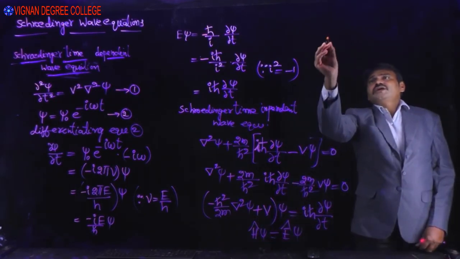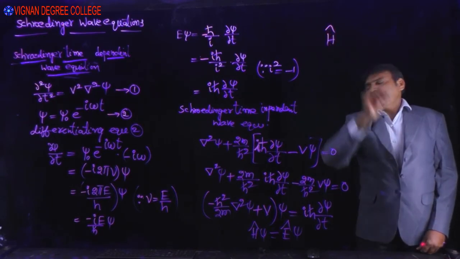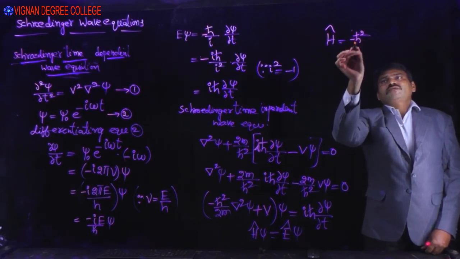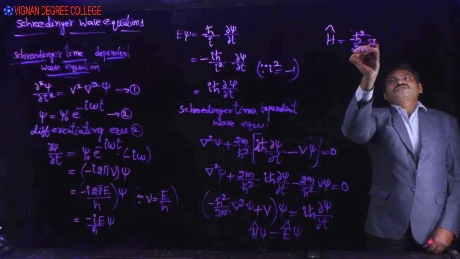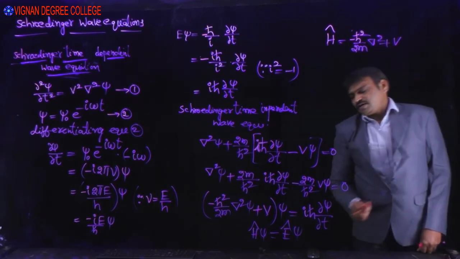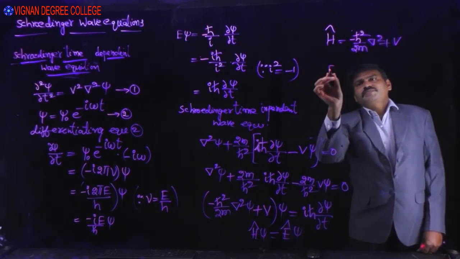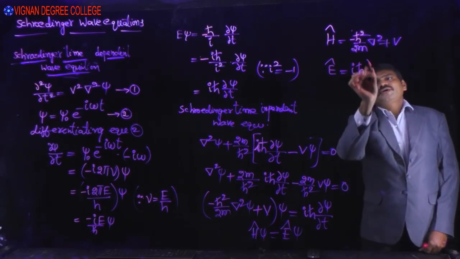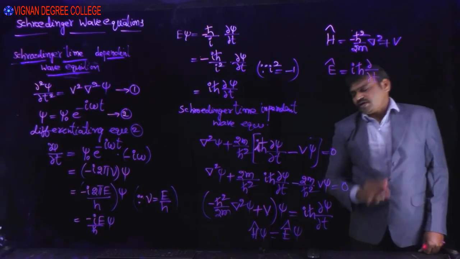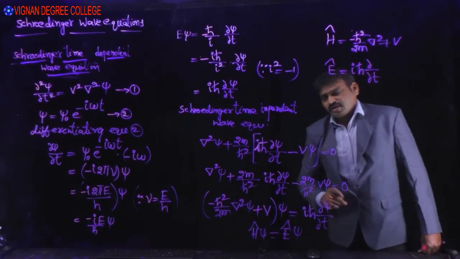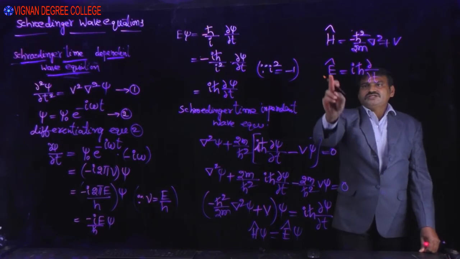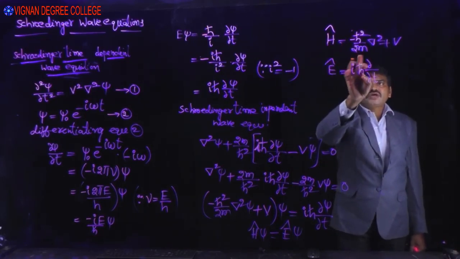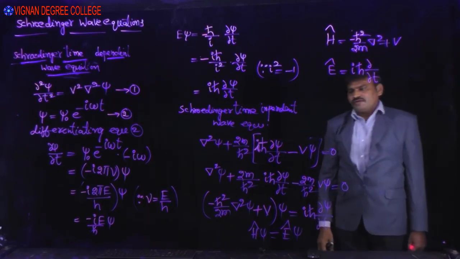From it we write the Hamiltonian operator Ĥ = −(ħ²/2m)∇² + V, and the energy operator Ê = iħ ∂/∂t. The cap represents an operator. So energy operator iħ ∂/∂t, Hamiltonian operator −(ħ²/2m)∇² + V.